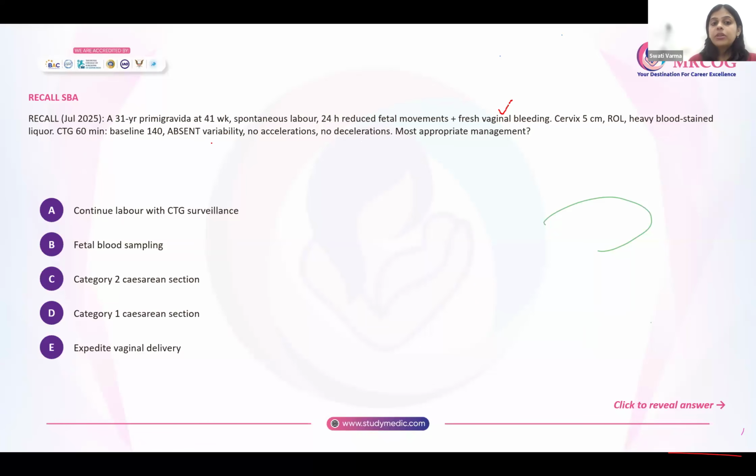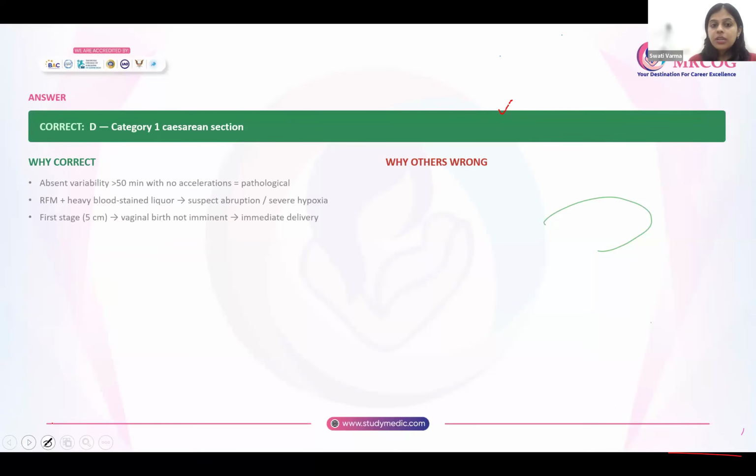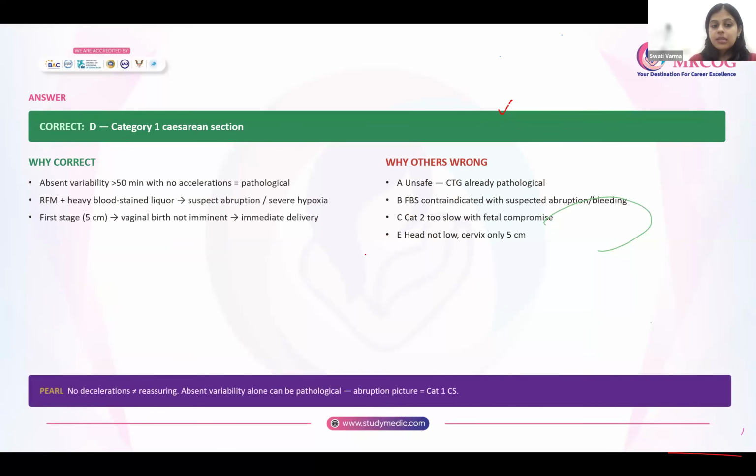So you all must remember: absent variability, reduced variability less than 5 for more than 50 minutes is a red feature. So here we have to be on the lookout for options. Option of category 1 cesarean section. Why?